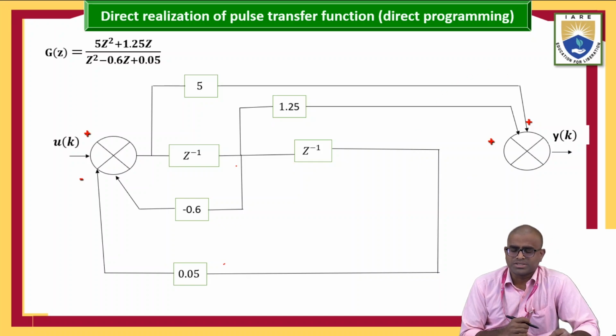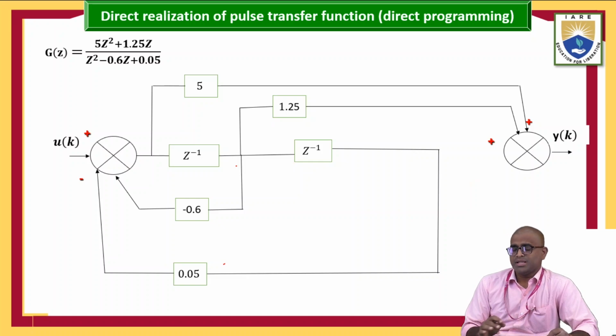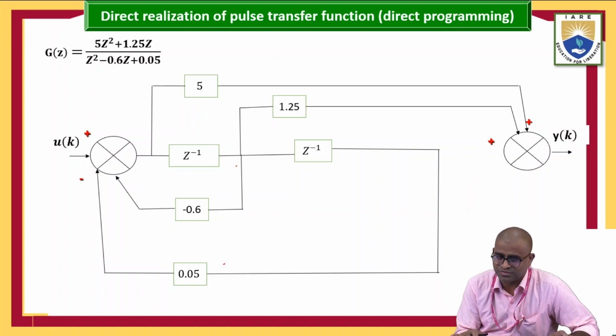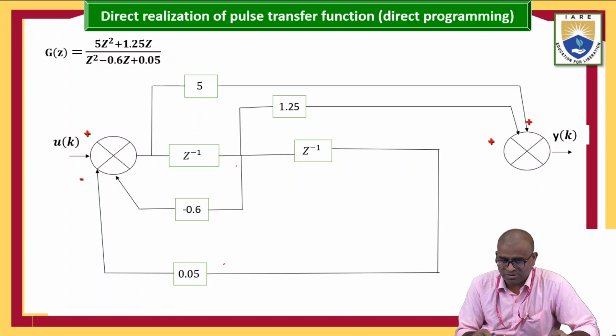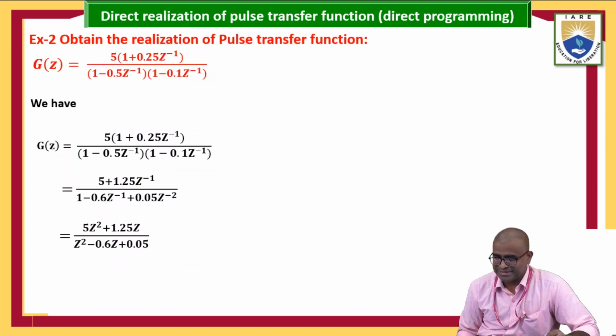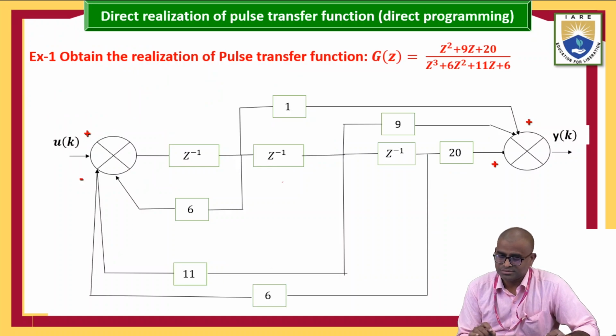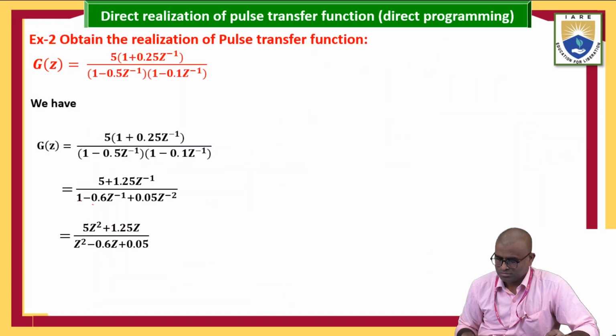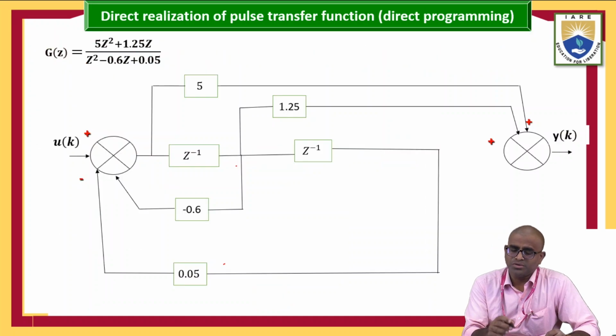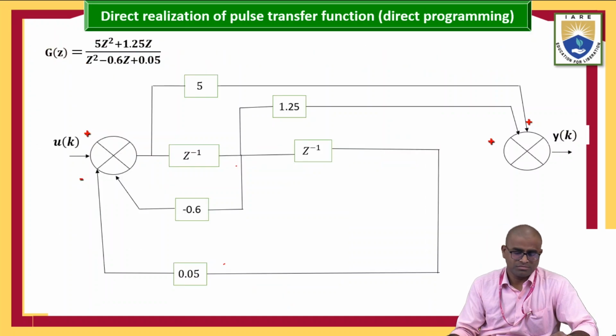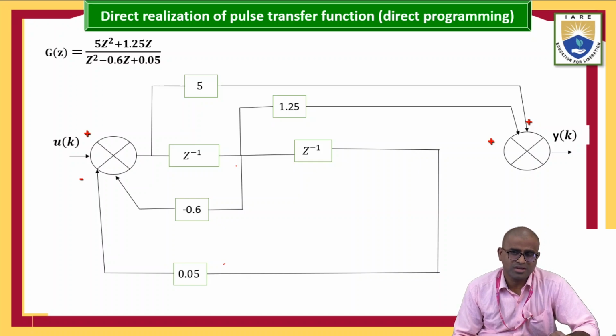Okay, next, remember that here there is no link for this one from here. Compulsory the block will be going to feedback and going this way. In the previous problem there is a link, that is, in the numerator they gave 20. Here in the numerator there is no constant term.